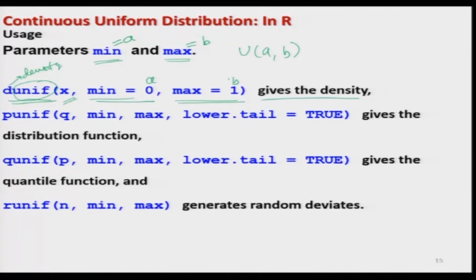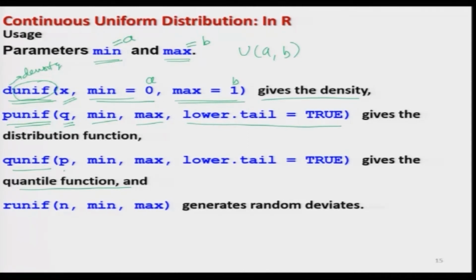Similarly, if you want to compute the CDF, you have to use the command punif, and then give the value q for which you want to find the CDF, then the minimum and maximum, and then lower.tail equal to TRUE, which you know how to use. We have used it earlier. If you want to find the quantile function, this is qunif.